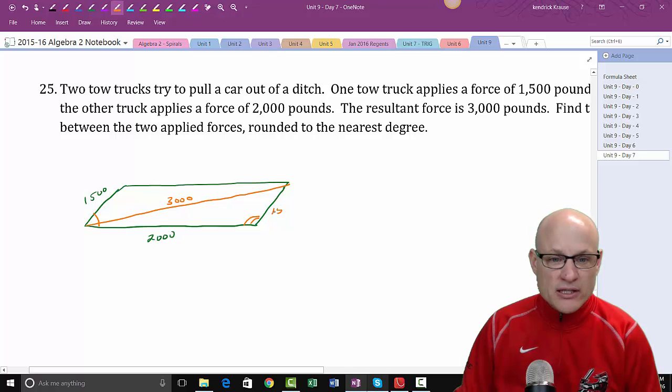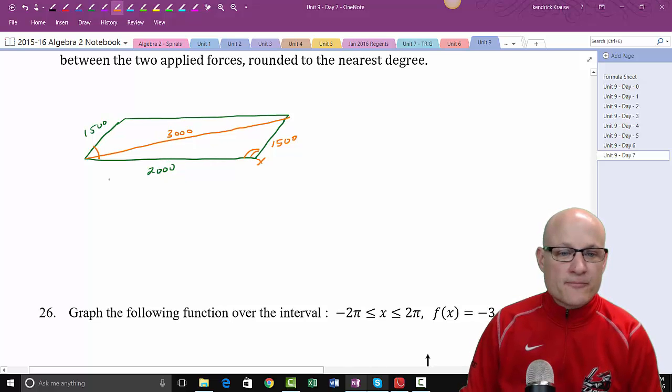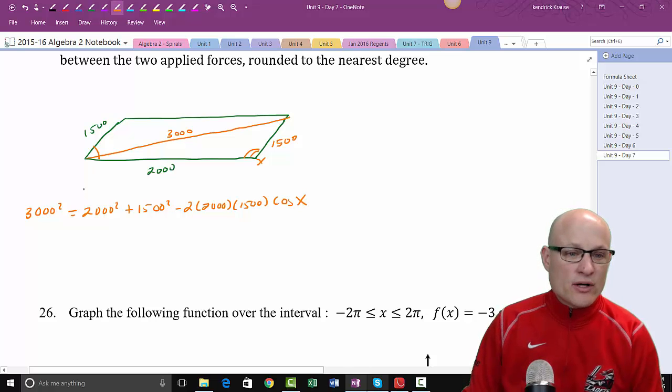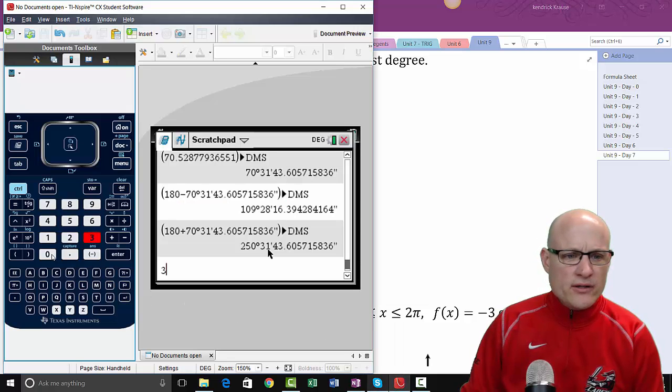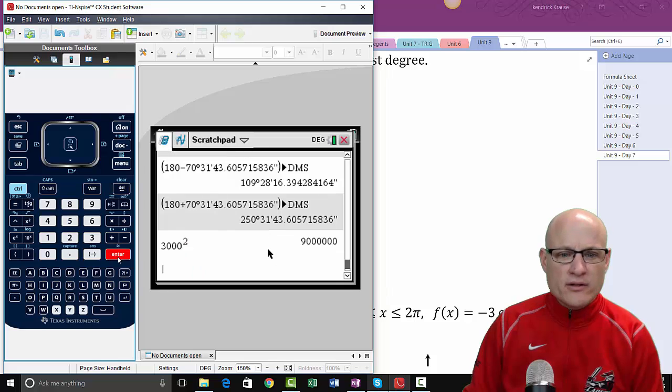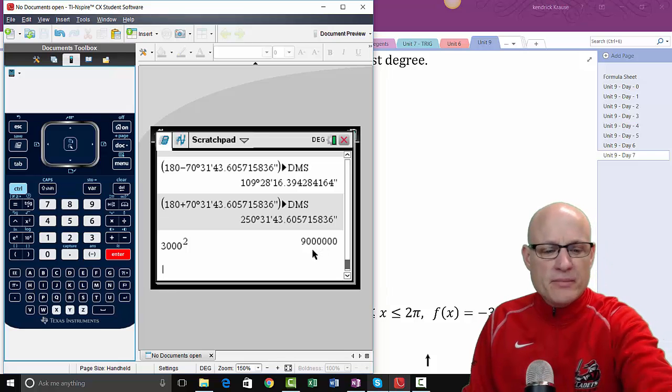And you'll also remember, if I have to find an angle with side, side, side, that's the law of cosines. So we're going to do this quickly. 3,000 squared equals 2,000 squared plus 1,500 squared minus 2 times 2,000 times 1,500 times the cosine of x. We're going to isolate this and this, do them separately. So 3,000 squared is, I don't even know what that is, 9 million.